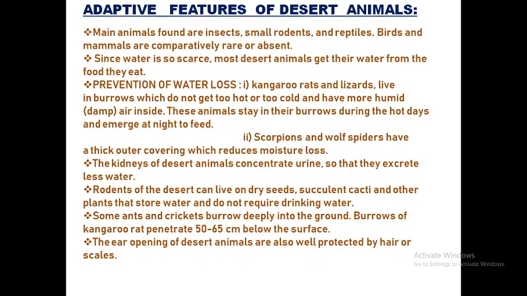Small animals you can see, but larger animals like birds and mammals are comparatively rare. Since water is so scarce, most desert animals get their water from the food they eat. That is the way they have been adapted.